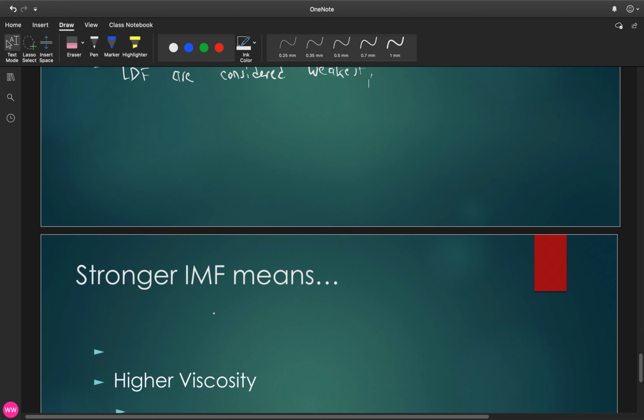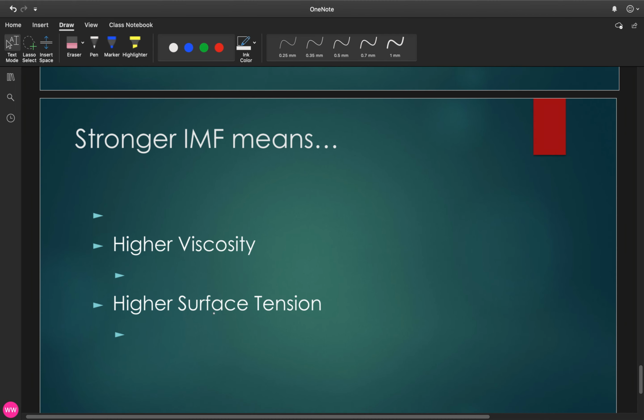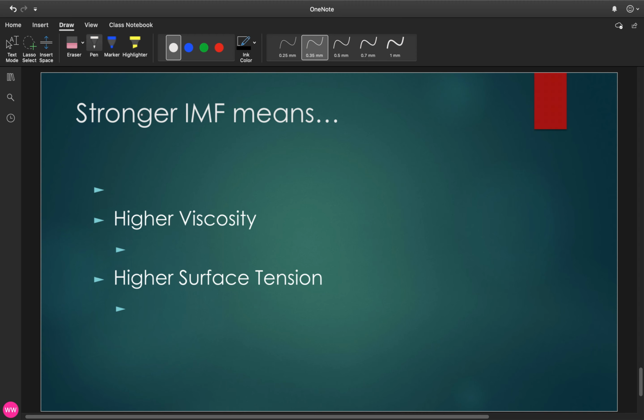Now, I've mentioned a few times bulk scale properties, so I'm going to quickly define what each one of these is for us. So first off, stronger intermolecular forces means that we're going to have higher melting and boiling points.